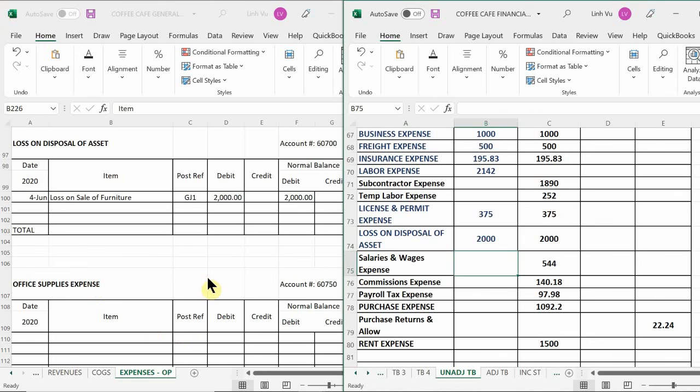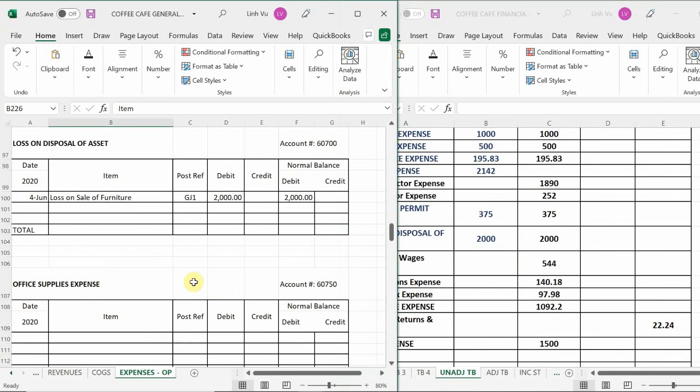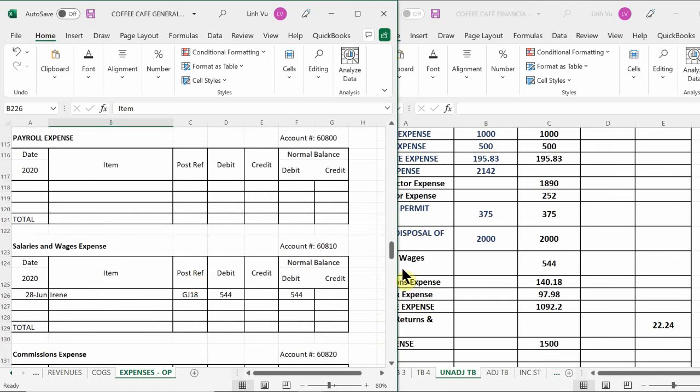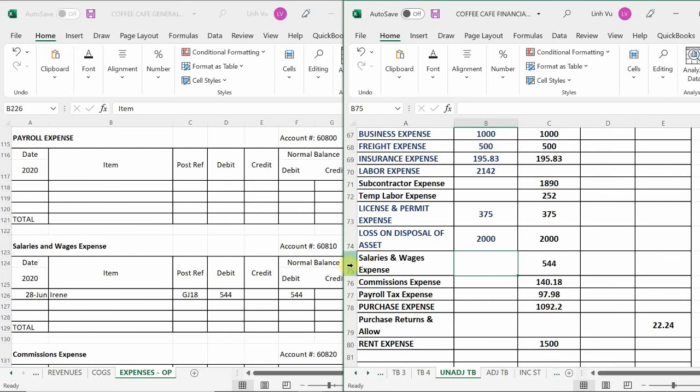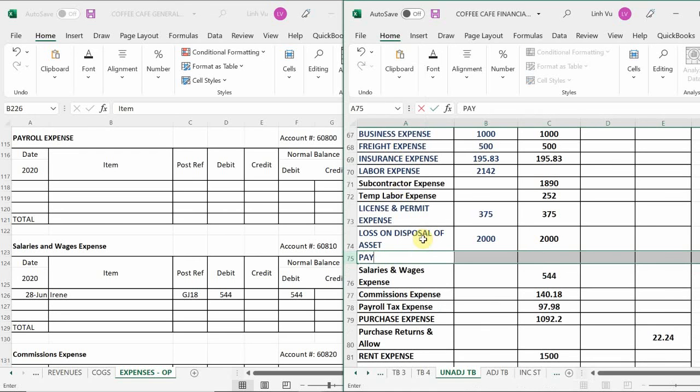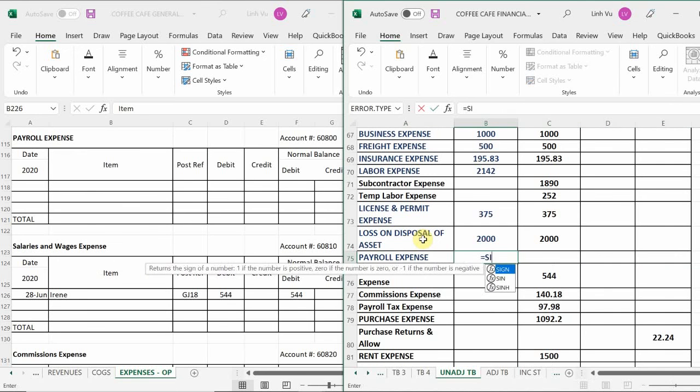Okay. And then now we have office supplies expense. We haven't adjusted them yet, so nothing there. And then we have a payroll expense, which is going to be consisting of your salaries and wages expense, your commissions, and your payroll taxes.